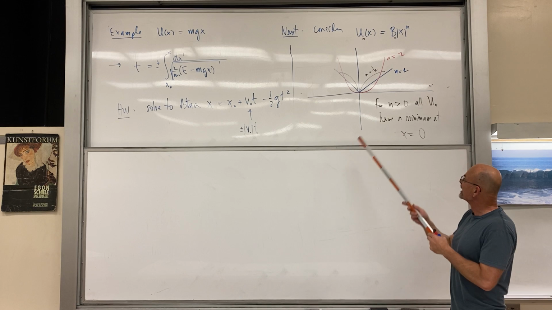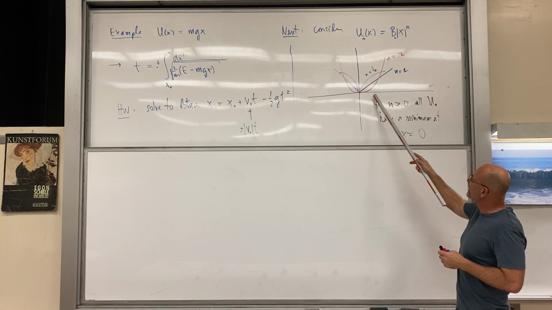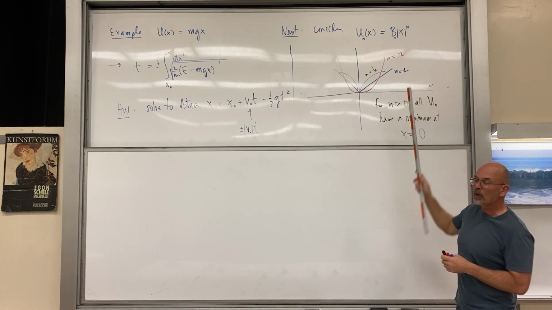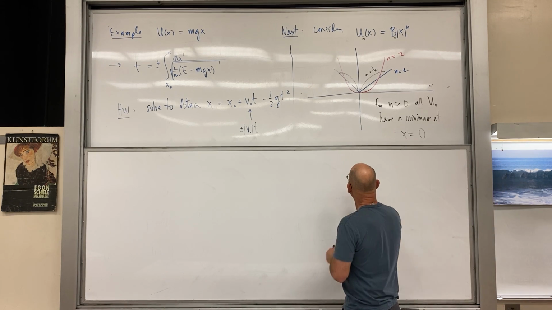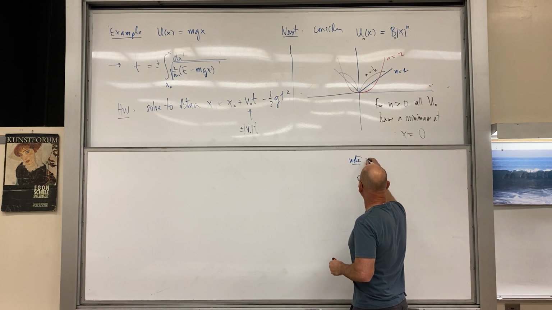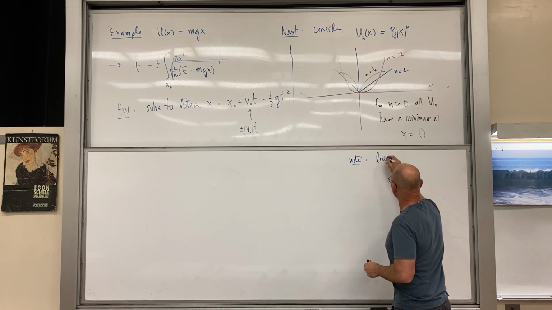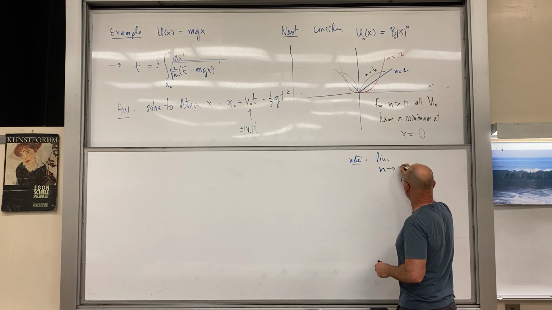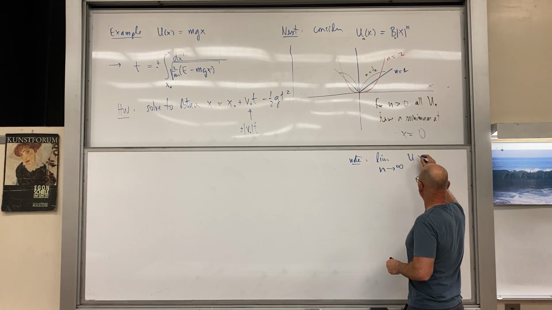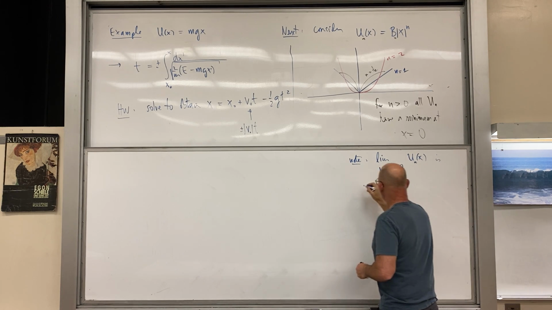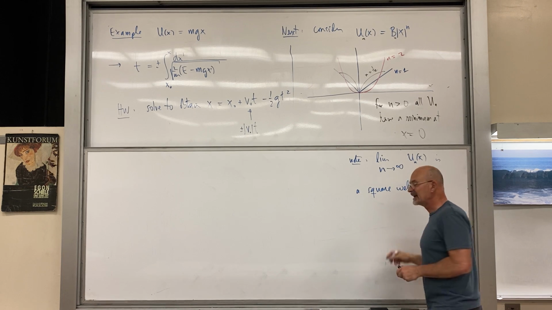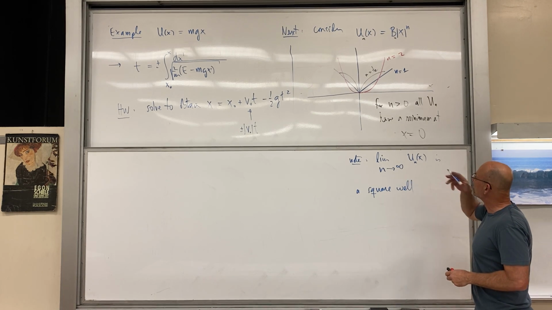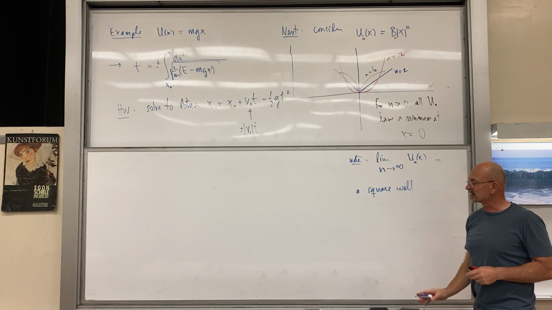And there's an interesting limiting case where if n goes to infinity, you end up with a square well. So I'll put that as a note. The limit as n goes to infinity of U sub n of x is a square well. You may have studied that sequence of functions in a mathematics class.